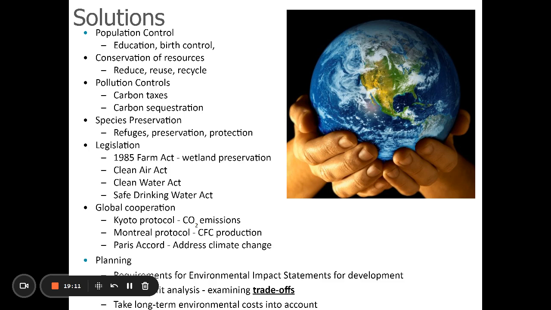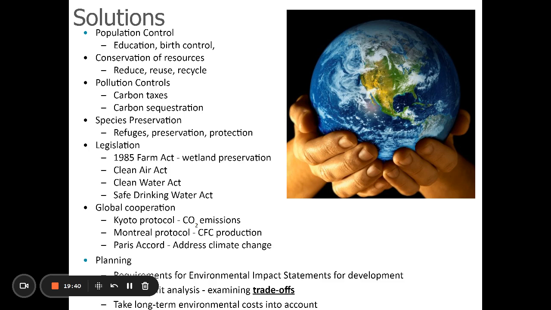We can address pollution at a government level by taxing pollution, by encouraging companies, power plants, facilities to be more efficient in their use of resources. And there are examples of legislation, of laws and agreements between countries that have done this. We talked about ozone depletion.